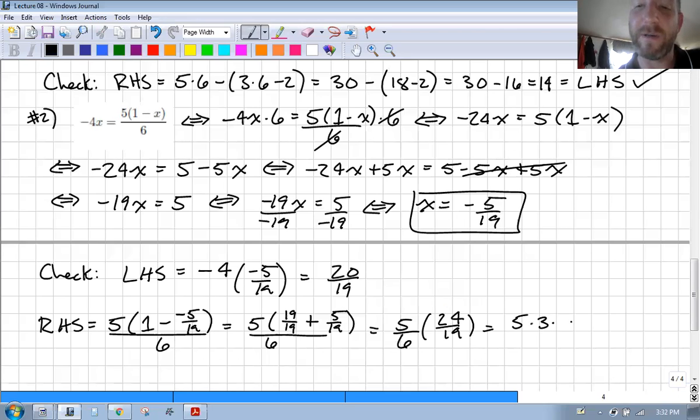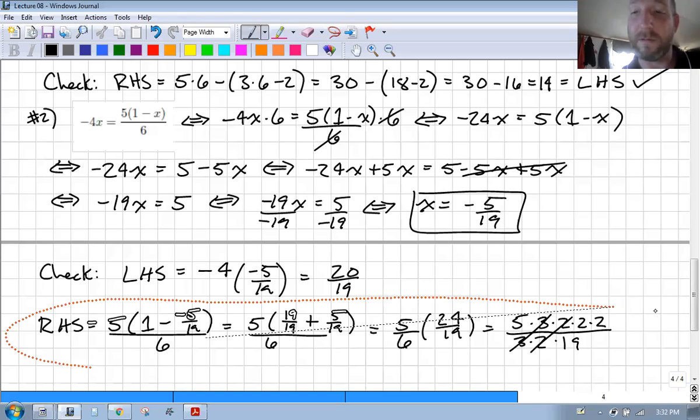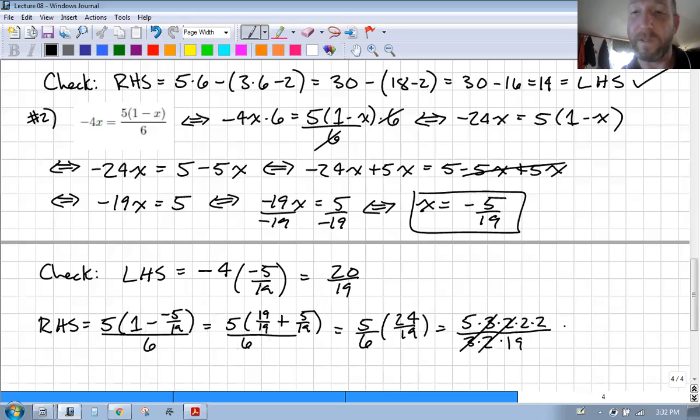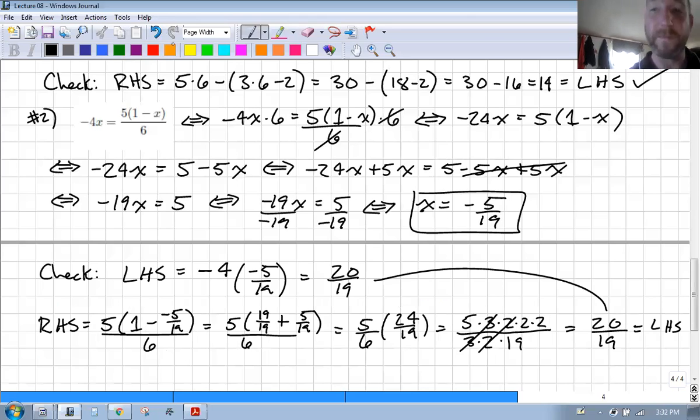And 8 is 2 times 2 times 2. So all I did was take the 24 here and write it like that, just so I could simplify this fraction. Because 6 here is 3 times 2. So I got a 5 times 2 is 10 times 2 is 20 and 19 on the bottom. That is the left-hand side. So check. All right, any questions?